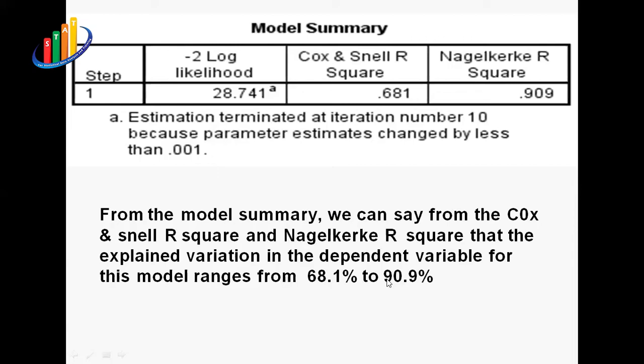And it is a good model, like nearly 90% is explained by these independent variables. If our value is near 100, or like 70%, 80%, then our model is good. And here we can see that it's nearly about 90.9%. So our model is a good fitting model overall.